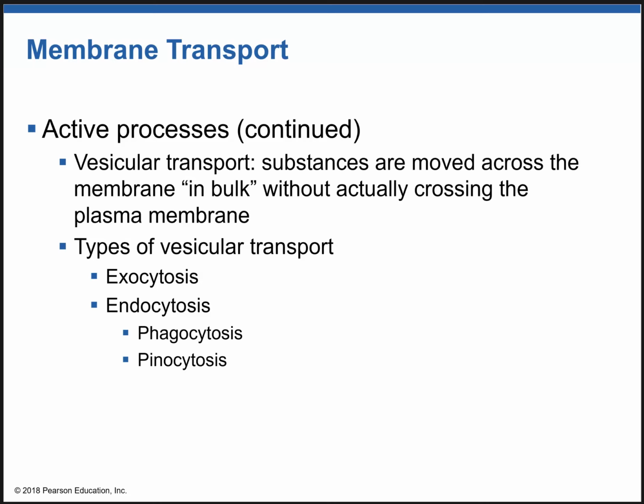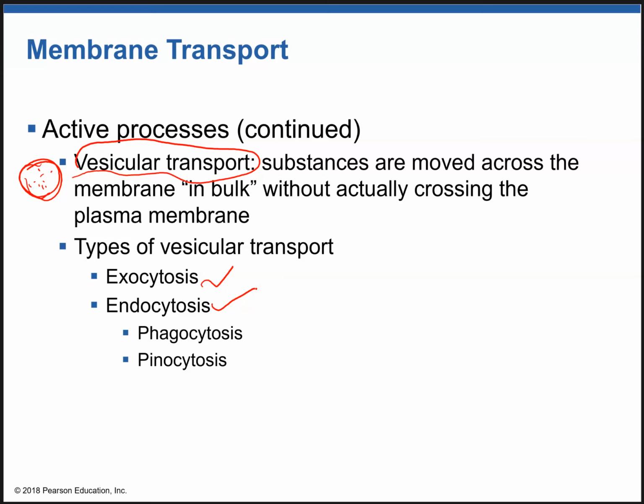In general, we can call them vesicular transport because they involve formation of a double membranous vesicle in which molecules are packed and transported or moved around the cell or towards the plasma membrane. There are different types of vesicular transport. The first one is exocytosis, meaning when something exits the cell, and endocytosis meaning when a molecule enters a cell with the help of a vesicle.